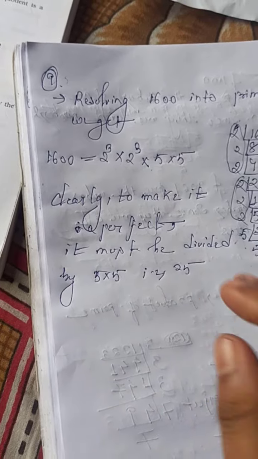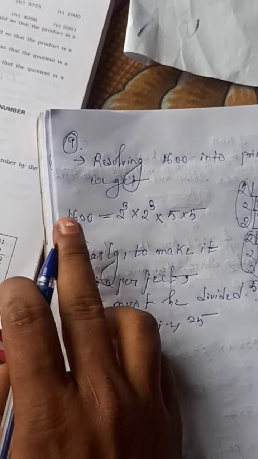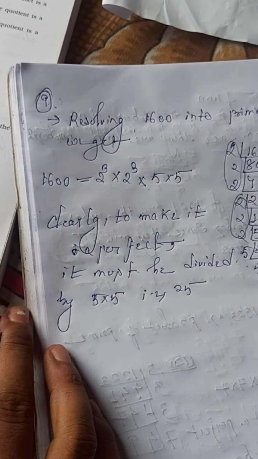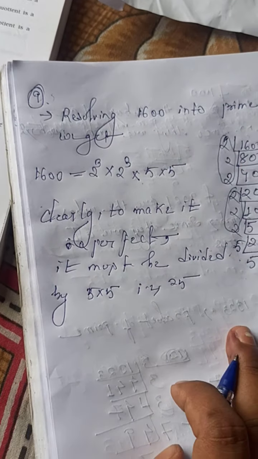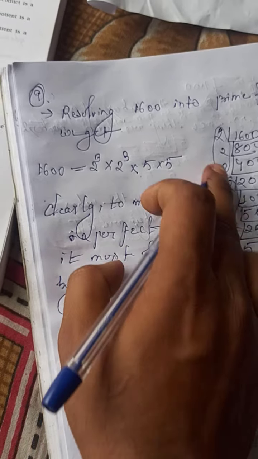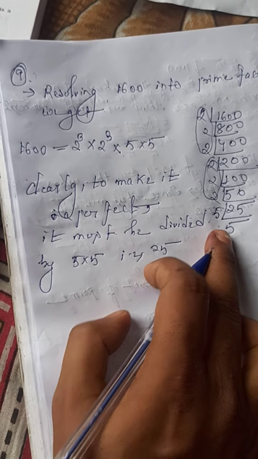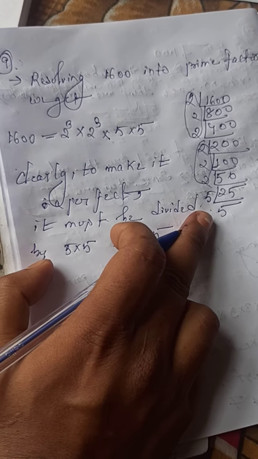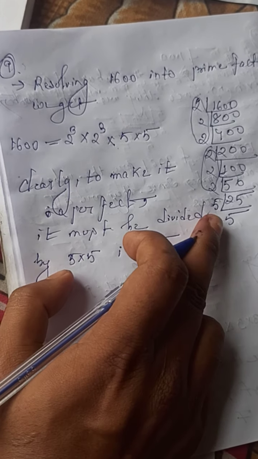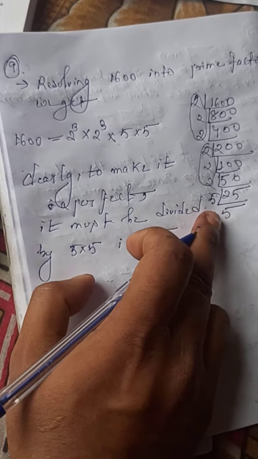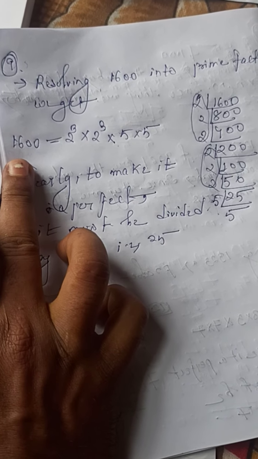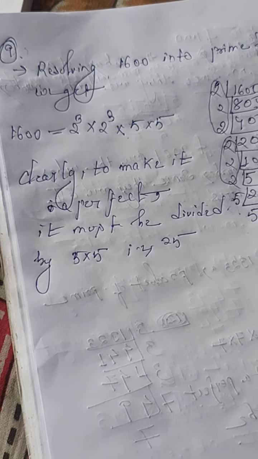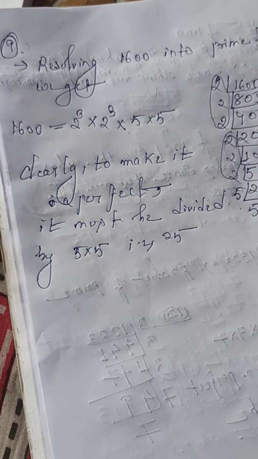If you want to make this number a perfect cube, then we have to divide this number, because 1600 is not a perfect cube, as all the factors are not in groups of 3; only the 2s come in groups of 3, but the other factor does not. So you have to remove it by dividing with this given number. Then the result you get after dividing will be your perfect cube.